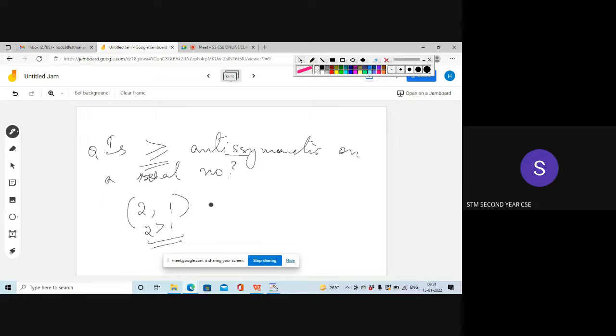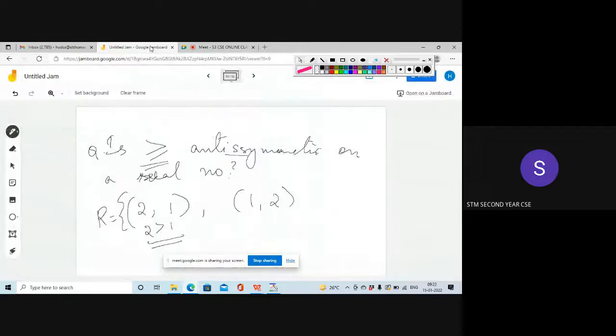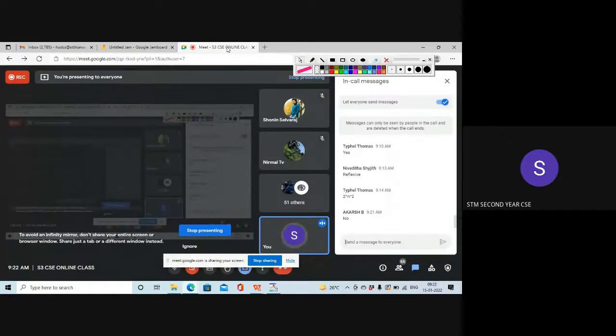And suppose in that relation R, can we add (1, 2) to this relation? No. Why? Why can you not add (1, 2) to that relation?